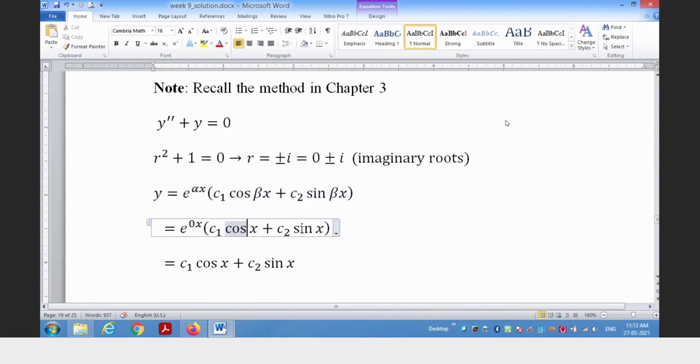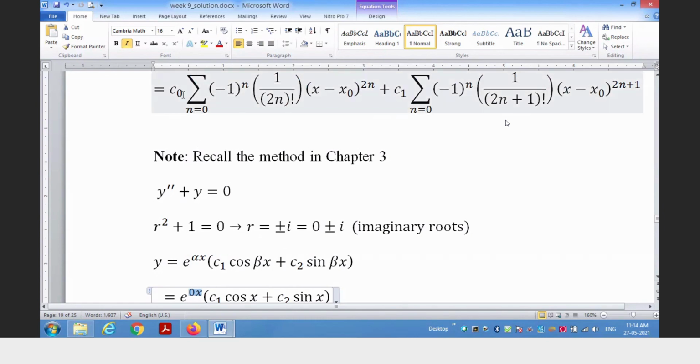That's why we have sin x. So you have c1 cos x, c2 sin x. They are the same, except different parameters, different variables, but they are the same. So this one will be c0 cos x, c1 sin x.